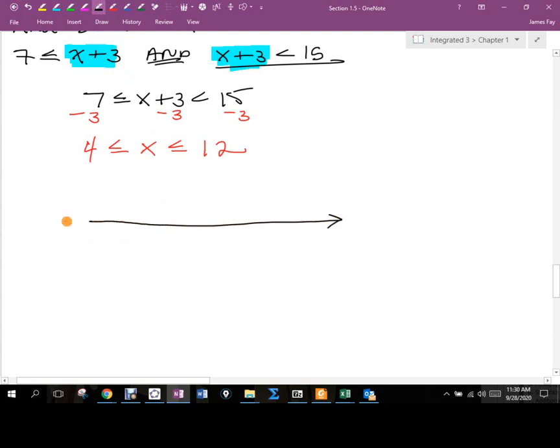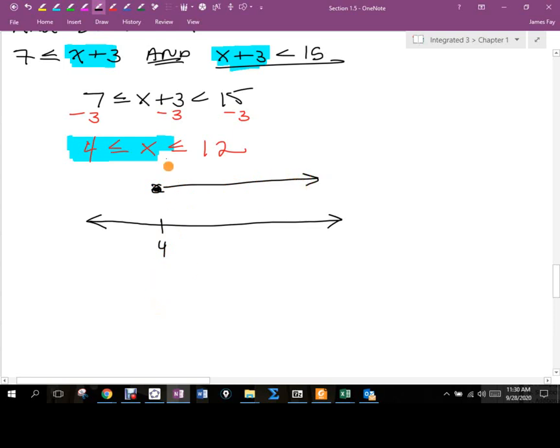So we create our number line. The nice thing is that because it's already structured as a between statement, when you graph it, you don't need to graph all three parts. You could graph this by itself and say, okay, x is bigger than 4. So I find 4, shade it in, and graph to the right.